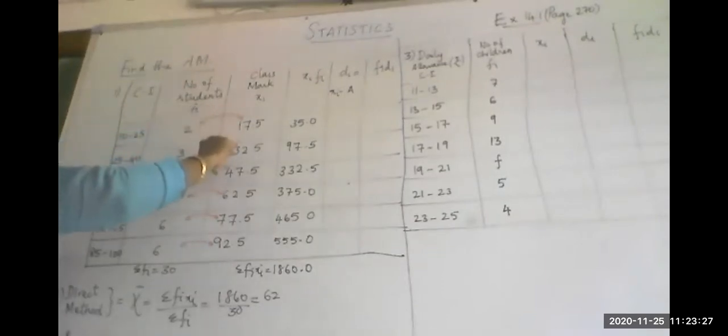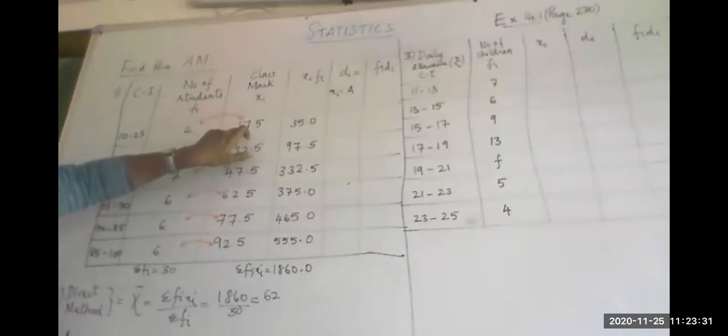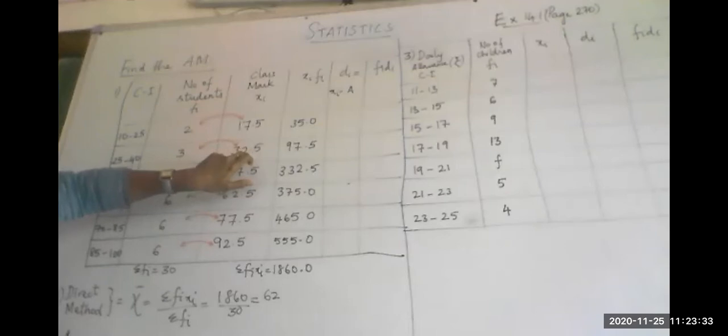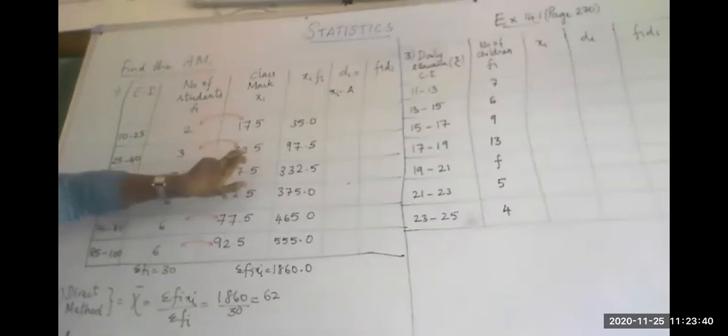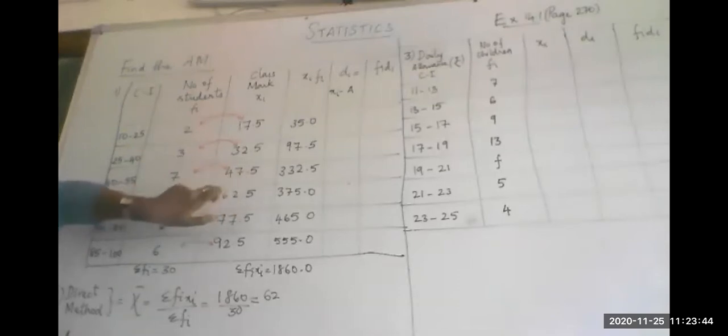The same difference will be maintained in the class marks also. So when you get the first class mark, you don't even have to calculate the second class mark. To this add 15. 17.5 plus 15 will give you 32.5. 32.5 plus 15 is 47.5. 47.5 plus 15 is 62.5, etc.